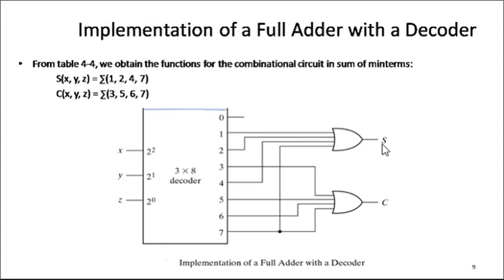Then this is called the sum. The same logic we can apply for the carry: 3, 5, 6, 7. All these 4 are connected as input to an OR gate, and this is called the carry.